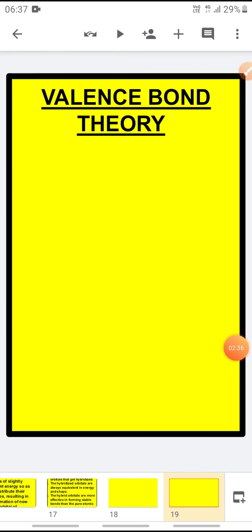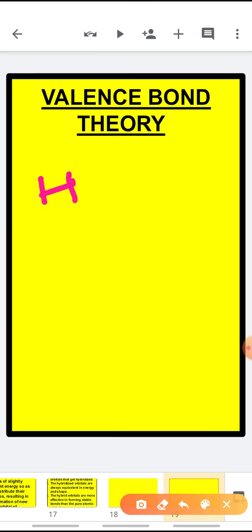Now children, just consider the formation of the hydrogen molecule. Consider two hydrogen atoms. The first hydrogen atom is Ha and the second hydrogen atom is Hb, that is A atom of hydrogen and B atom of hydrogen.